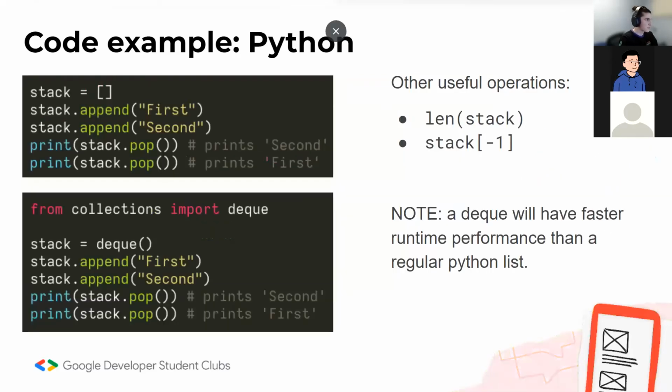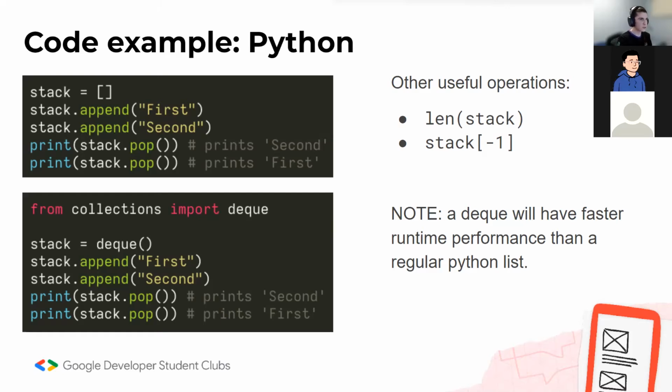Same thing in Python. Here we're using a Python list, and we have 2 examples. They're basically equivalent, except for the first line, where we're making a deque instead of a Python list. In this case, we're appending to the end of the list, which is equivalent to pushing, and then we're popping. In the comments there, you see print second, print first, equivalent to the previous example. Then we have len of stack and stack[-1], which are other useful operations.